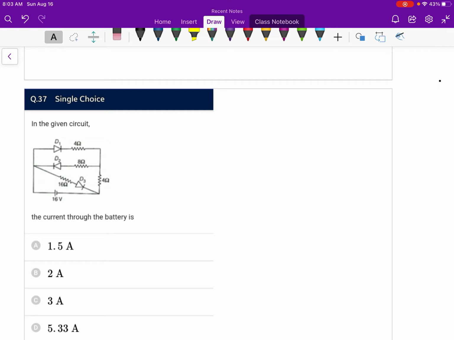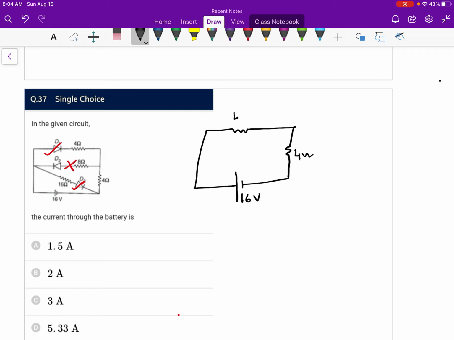In the given circuit, we see that D2 is reverse biased and D3 and D1 are forward biased. So the circuit has 16 volt, 4 ohm, and here 16 ohm.